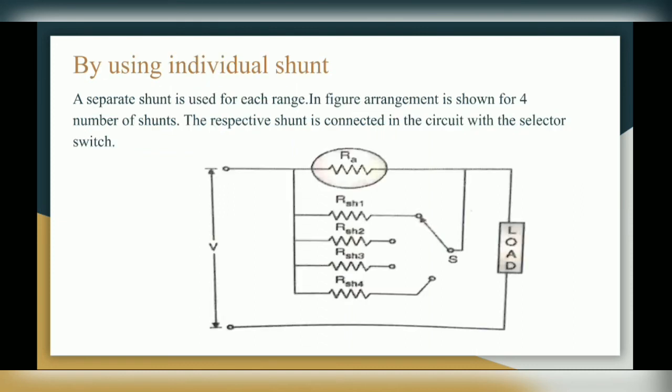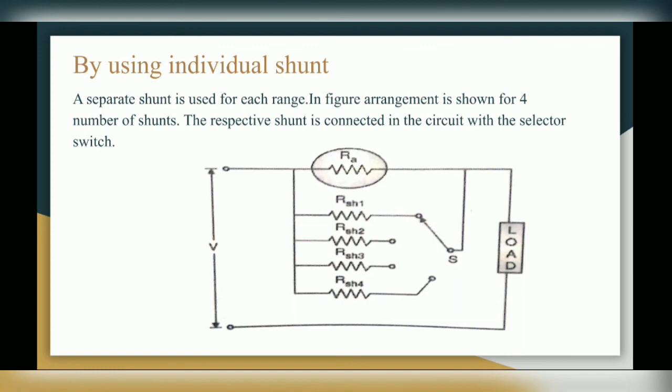So here is the first method, by using individual shunts. A separate shunt is used for each range. So in the figure the arrangement is shown for 4 shunts, that is RSH1, RSH2, RSH3 and RSH4. The respective shunt is connected in the circuit with a selector switch. So you can select any shunt with the help of this selector switch, which is denoted by S in this diagram.